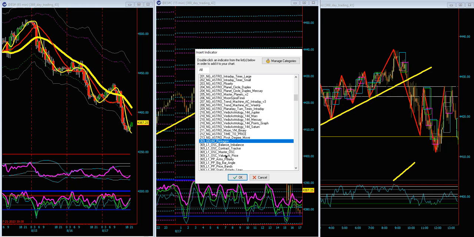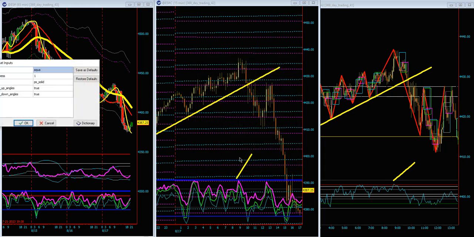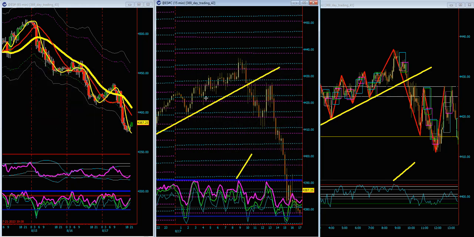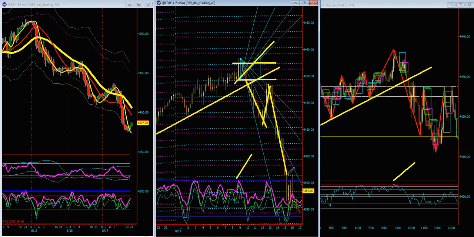All right, so what I'm doing here is I'm trying to put the GAN on 15-minute. Break, short, initial stop loss. Let it run. Comes back to retest it, goes down.